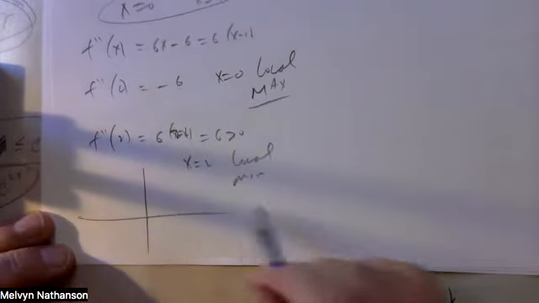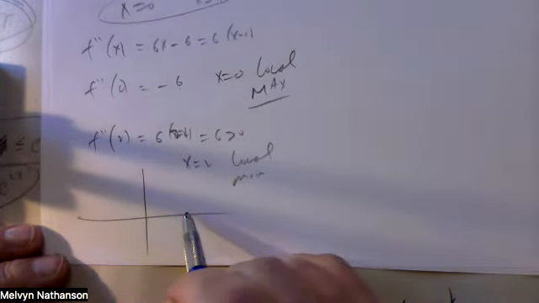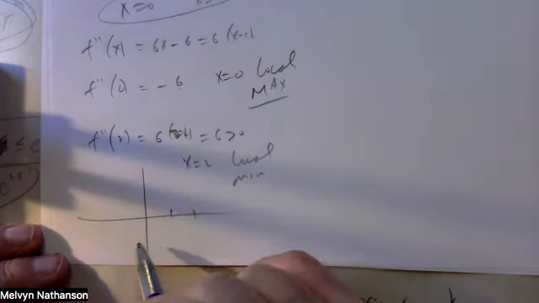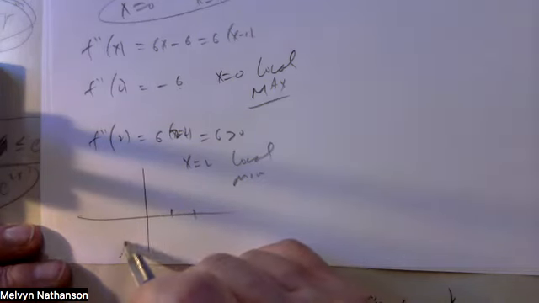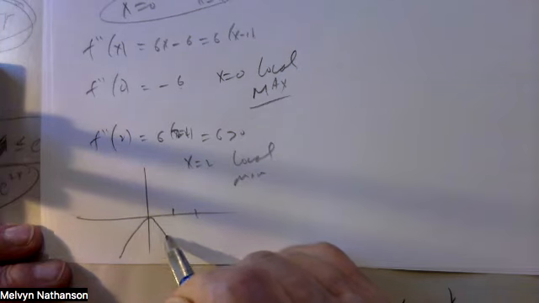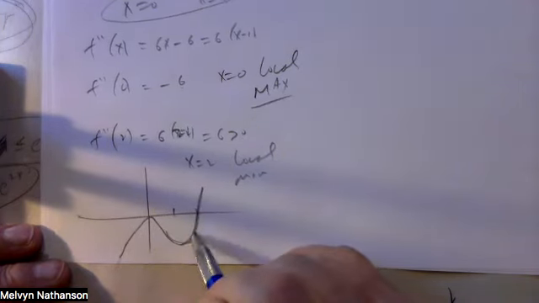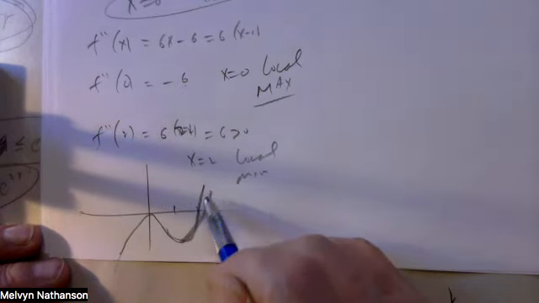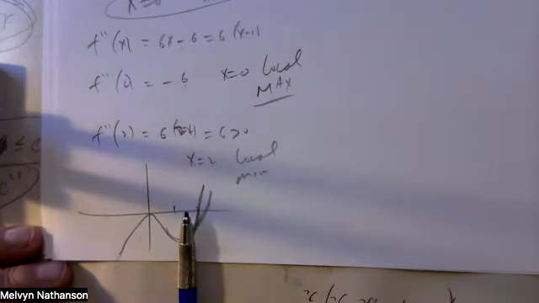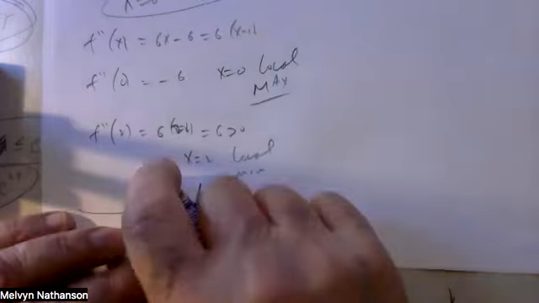And if you were to graph this function, you would have a local maximum at 0 and a local minimum at 2. Oops. Looks like this.